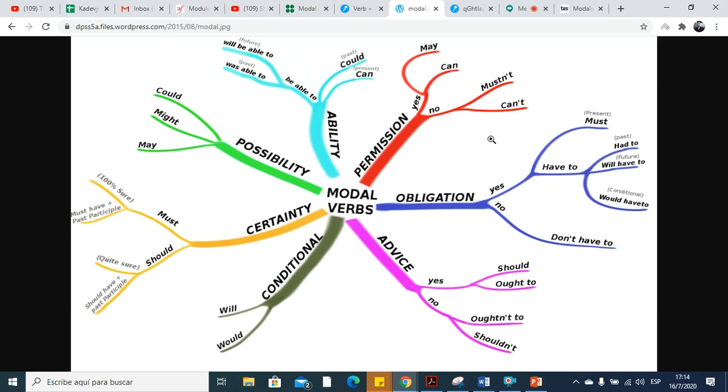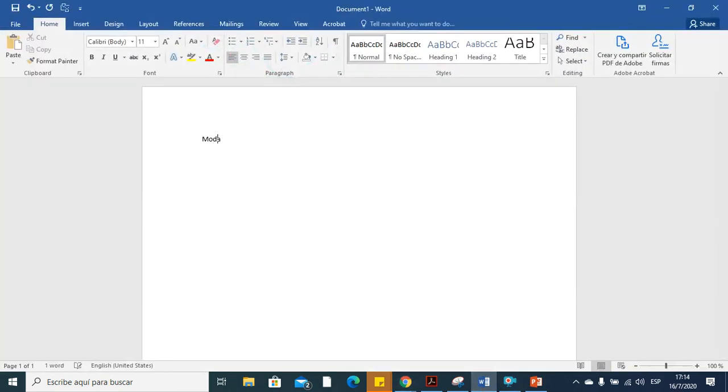So basically, modal verbs, like the word suggests, are verbs that you can use to express different things. Sometimes those things are emotions, sometimes they are feelings, and sometimes they are used to request something politely.